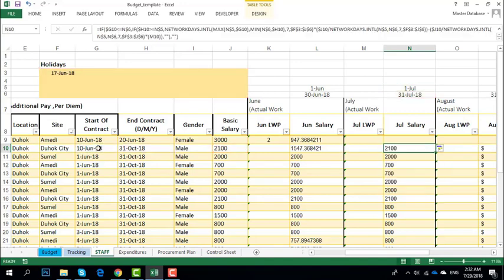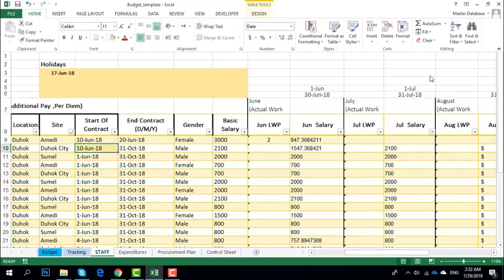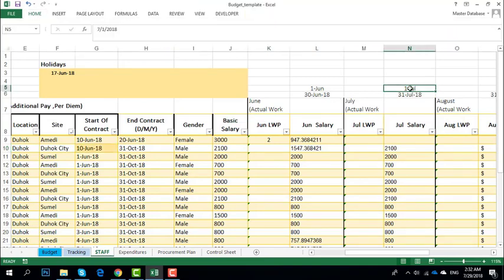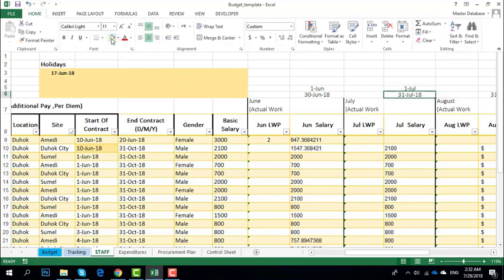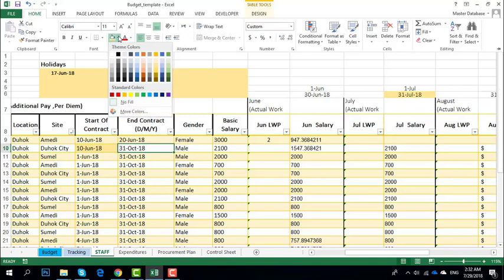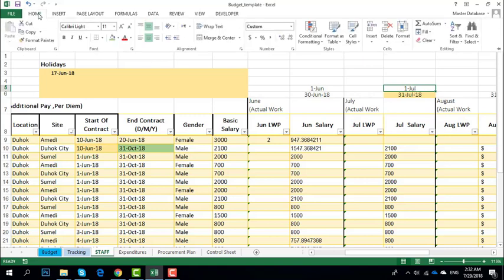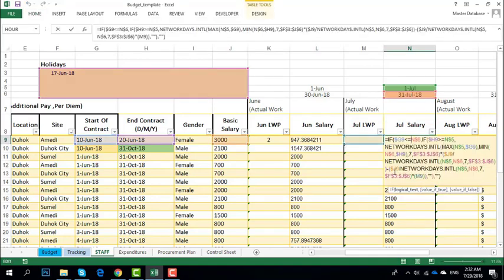Okay, let's just try to highlight both of them and understand the formula. So for us to understand what that means, then we have this. Nice. So let's understand what happened.